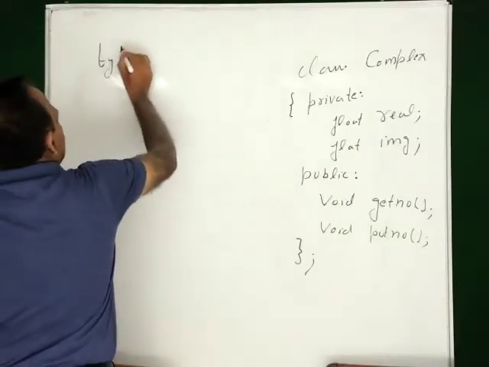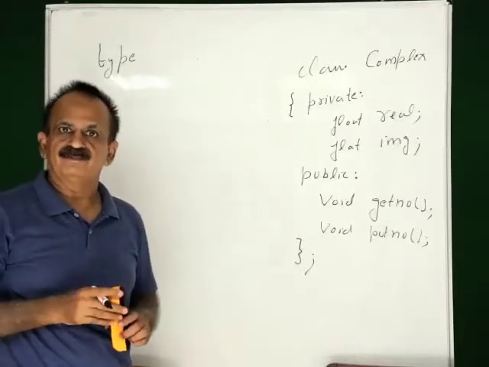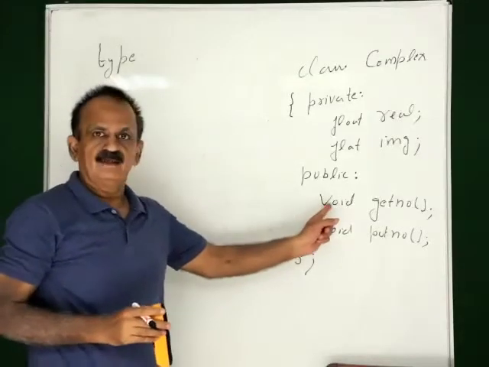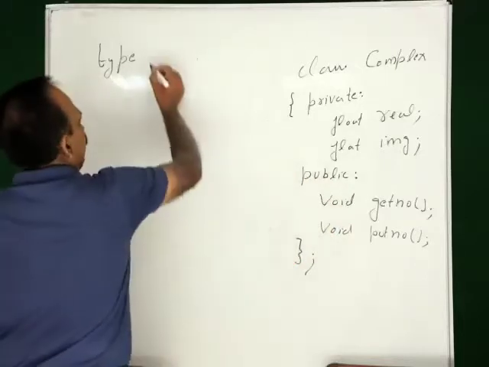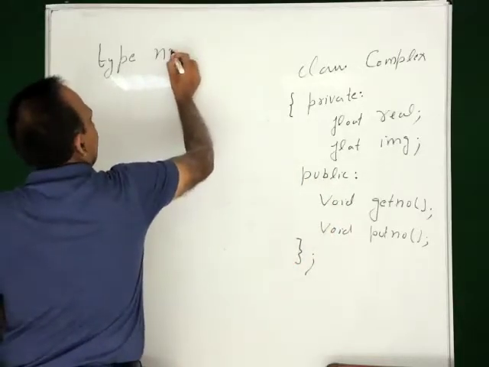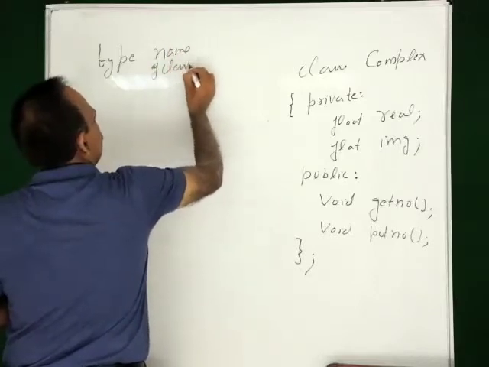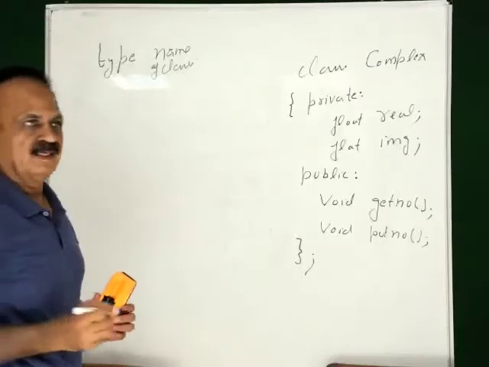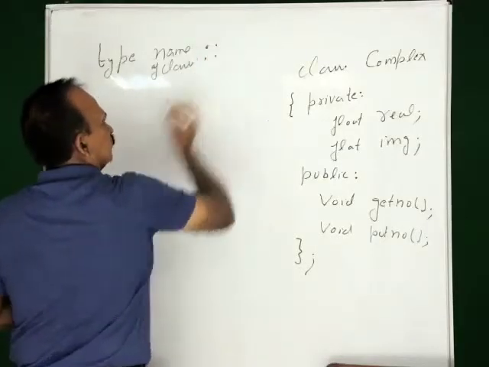As we know, this type is the type of the result given by the function, and we use void when the function is not returning any value. It is followed by the name of the class to which this function belongs. The next one is the scope resolution operator.